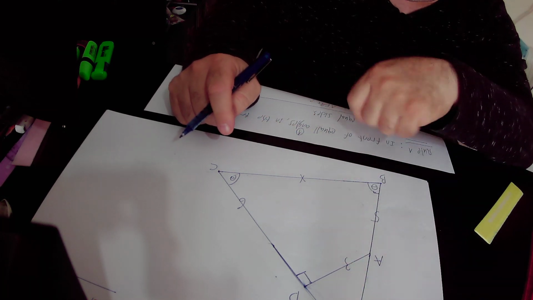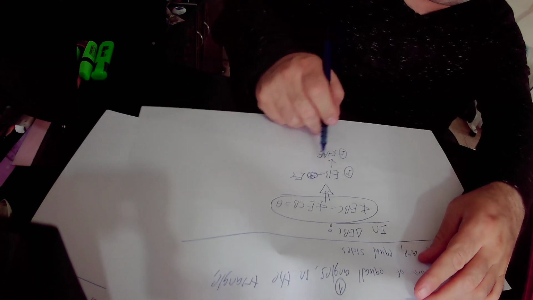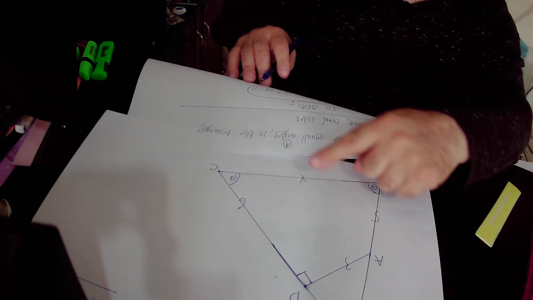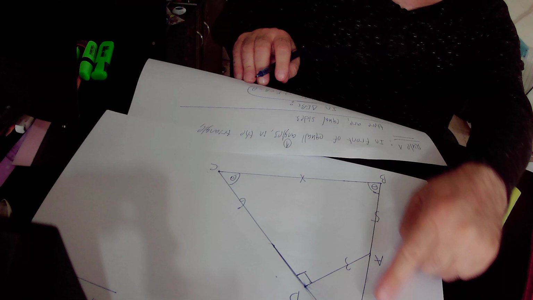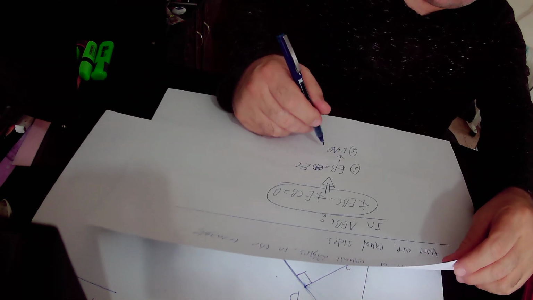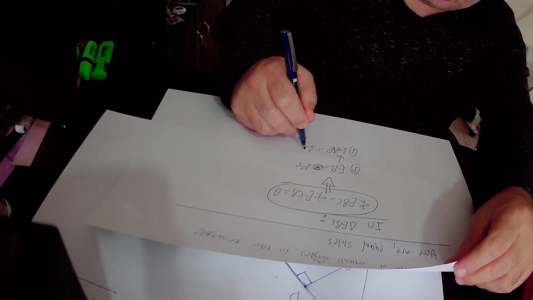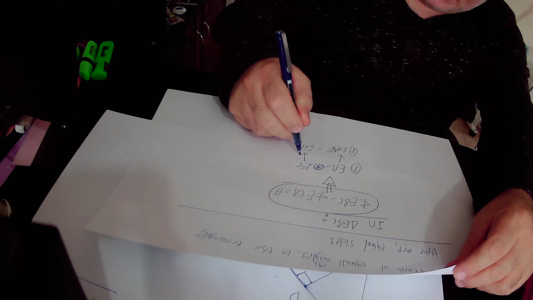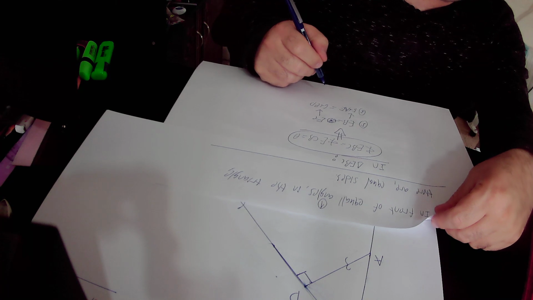And from the drawing, EC equals 6 plus ED, so we substitute EC by 6 plus ED.